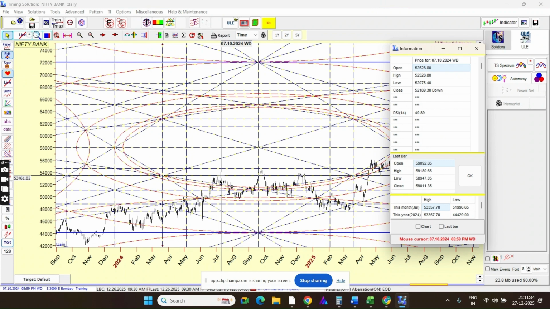From there we again dropped to this rising angle, bounced back from that, got resisted at this falling angle. Again we went below, resisted here, consolidated here, and then we took off to the next resistance level here. So this was the major section of the square where we made a top here in September 2024.